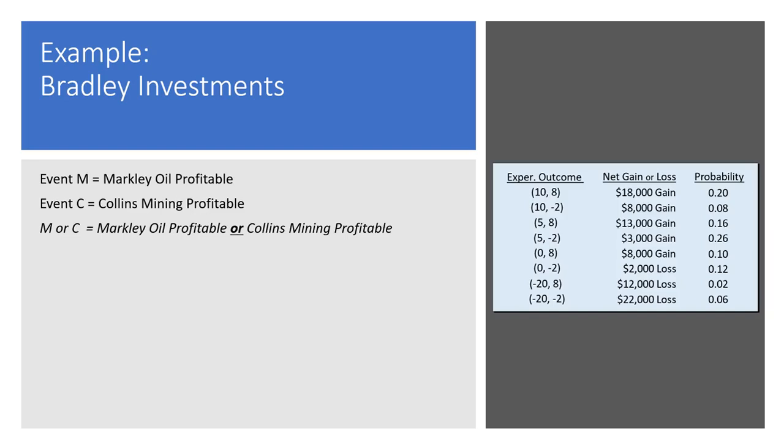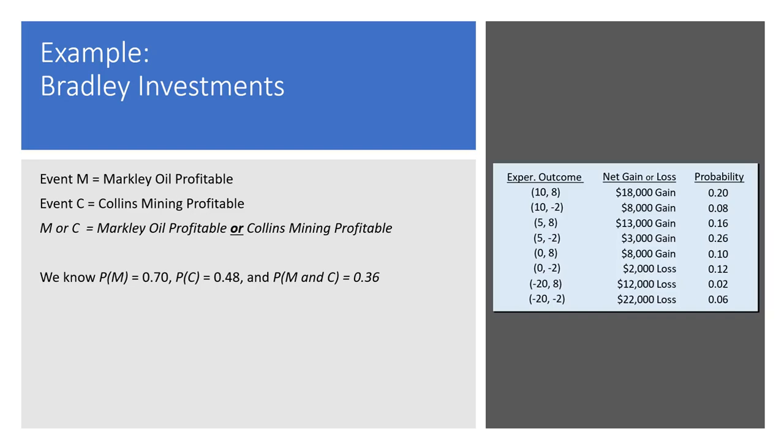So looking at our example here, wanting to know if Markley Oil is profitable or Collins Mining is profitable. So this is looking for situations in which an observation may fall in the A circle or fall in the B circle. And so this means that the cases that are in the overlap area, or that joint probability area, don't get counted twice. So we know that the probability that Markley Oil is going to be profitable from previous calculations is 0.7.